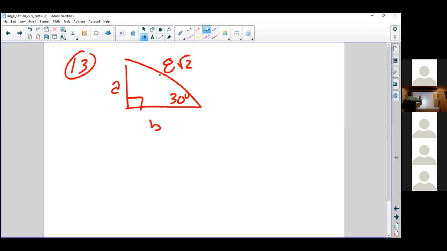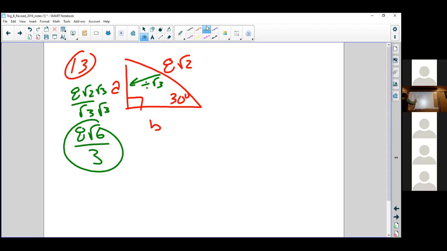So if I go backwards, I'm going to divide by root 3. So this becomes 8 root 2 over root 3. Multiply top and bottom by root 3. That gives you 8 root 6 on top over root 3 times root 3, which is root 9, which is 3. So the side opposite of the 30 is this.